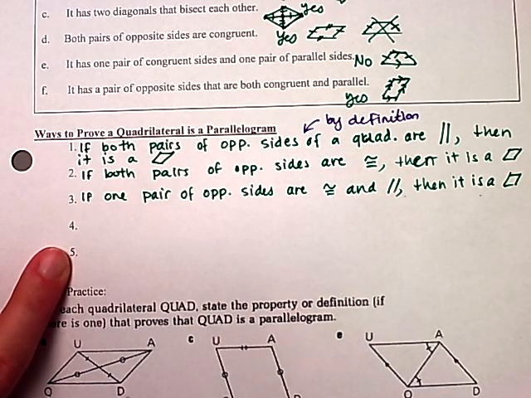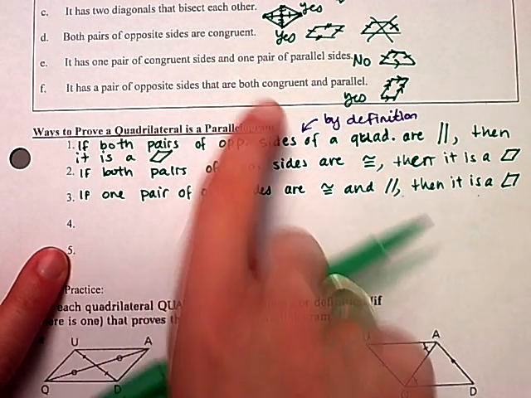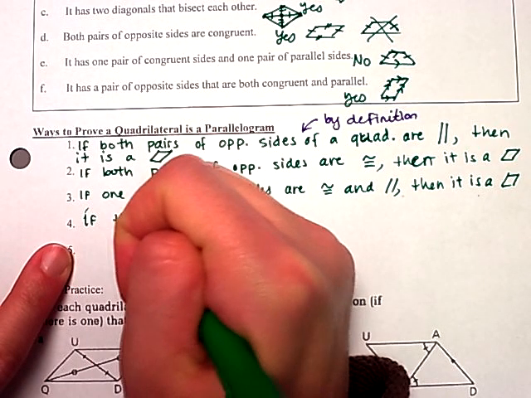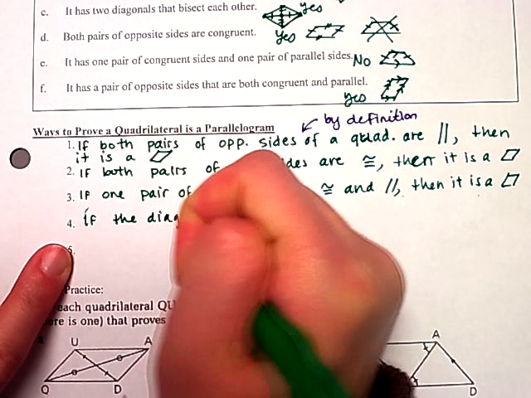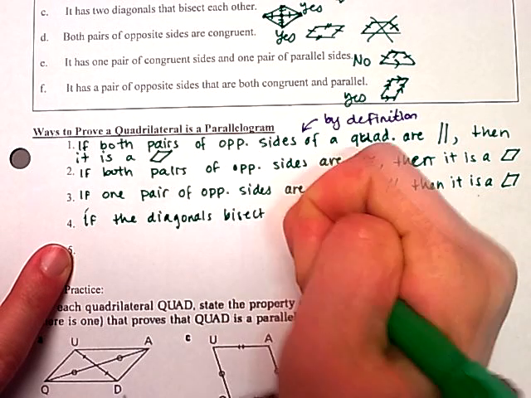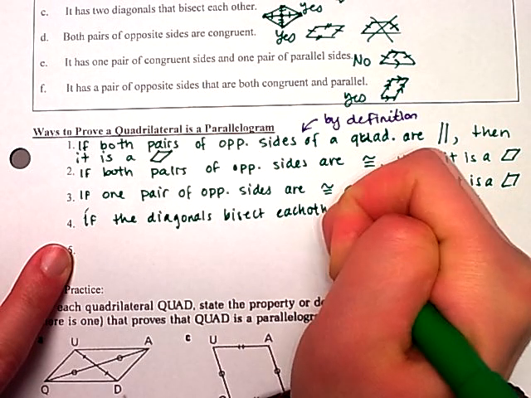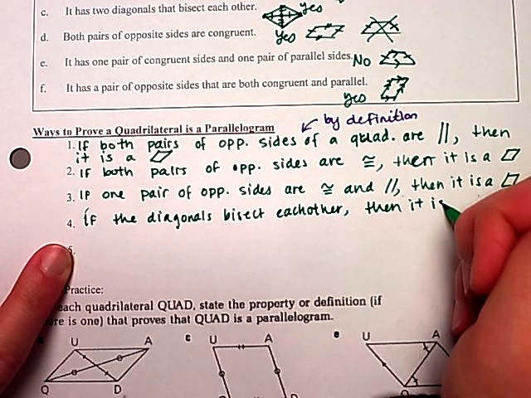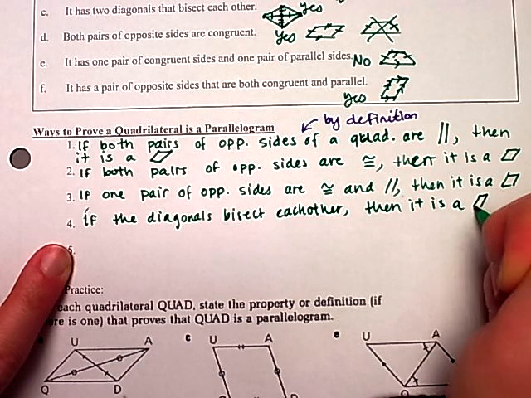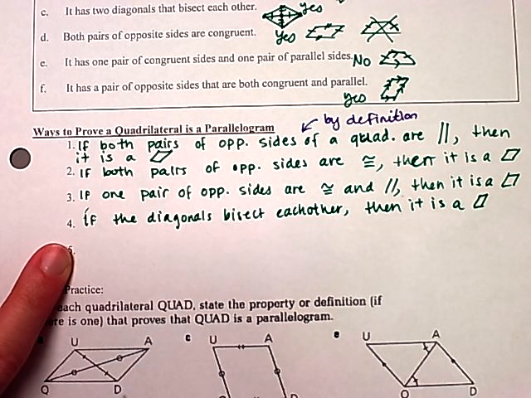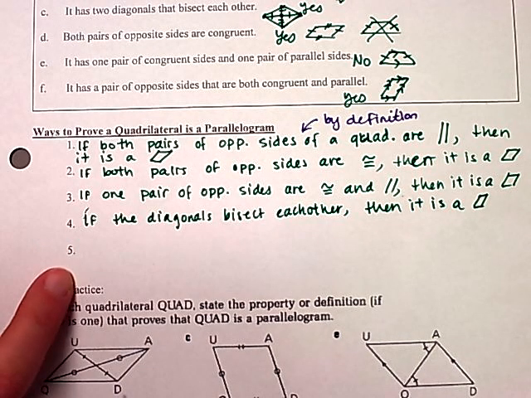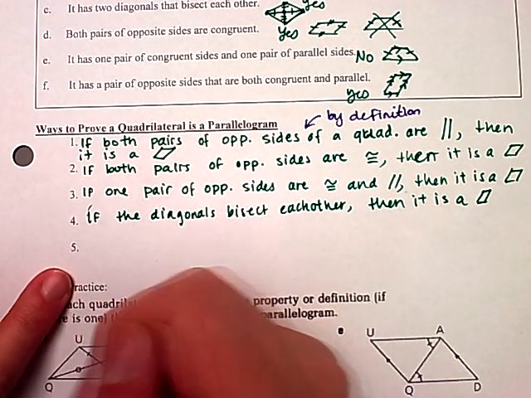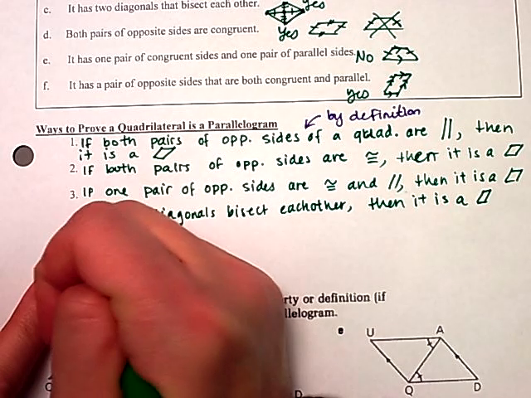Next up, if the diagonals bisect each other, that's C. Then that's also going to guarantee it's a parallelogram. And my last one is going to be, if both pairs of opposite angles are congruent, then it is a parallelogram.